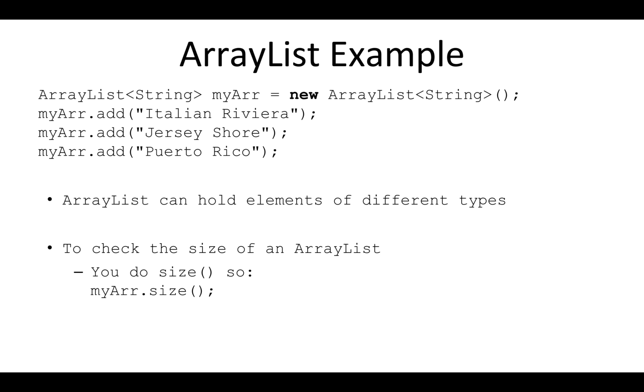Array lists can hold elements of different sizes, but in this case, this array list is specified that it's only going to be holding type string. To check the size, you would use the method .size, and so in this case, myR.size would return 3.